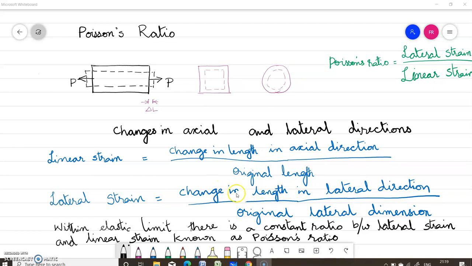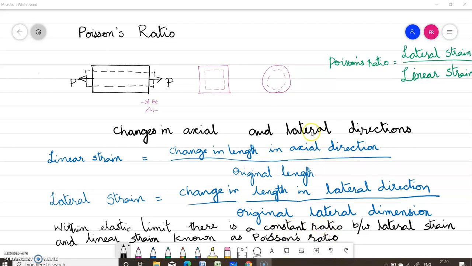This is lateral strain. Now we can see that within the elastic limit there is a constant ratio between this lateral strain and linear strain, and this constant ratio is called Poisson's ratio.